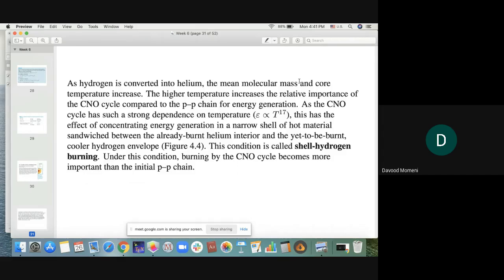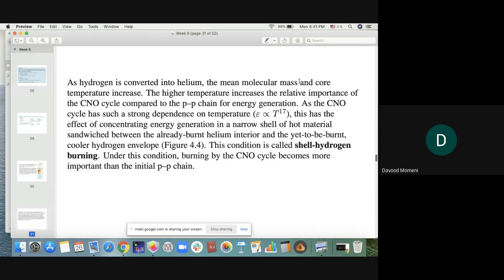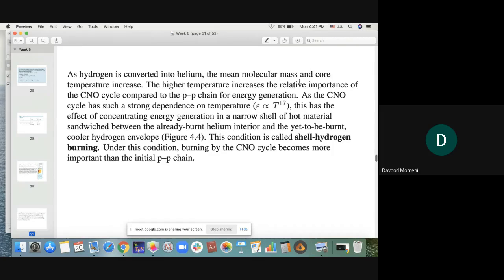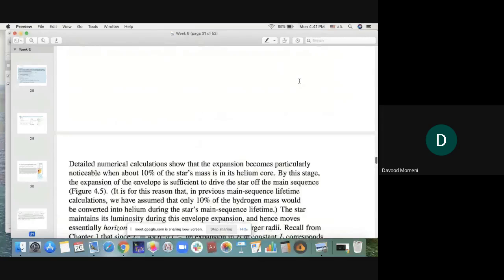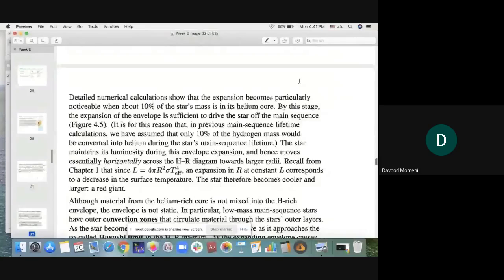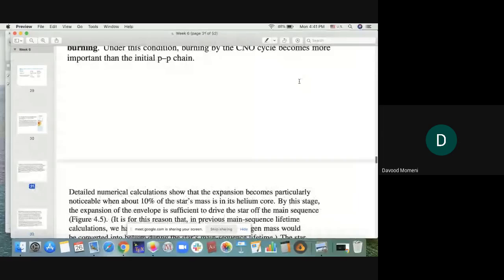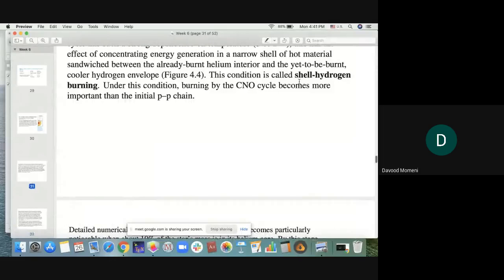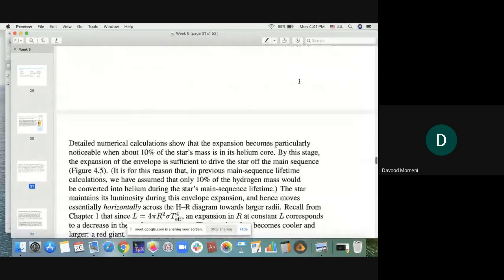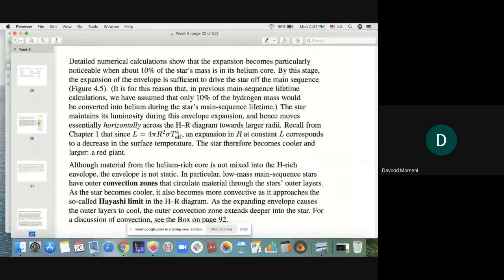So what you understand is that the CNO cycle is preferred to the pp chain because when the temperature increases, the energy related to CNO changes very much, as a higher power of T with respect to the temperature. But to give more estimations and to explain what this shell hydrogen burning is, we need to solve those equations, the equations of stellar evolution, numerically, and that's very hard.